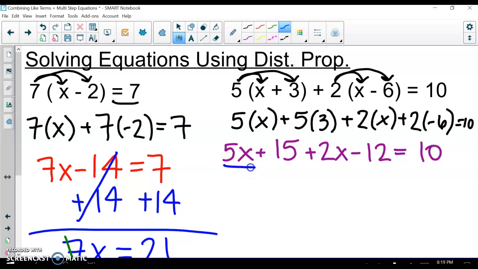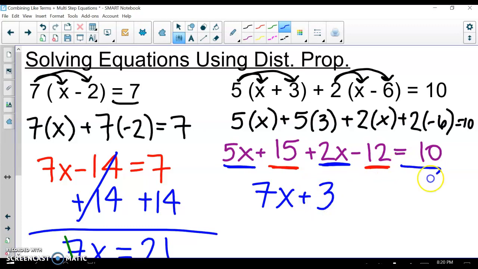So we have our x's and our constants. So we get 5x plus 2x is 7x. 15 minus 12 is equal to 3. Carry the rest down. It's equal to 10.